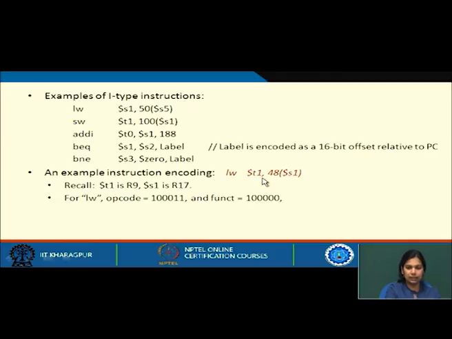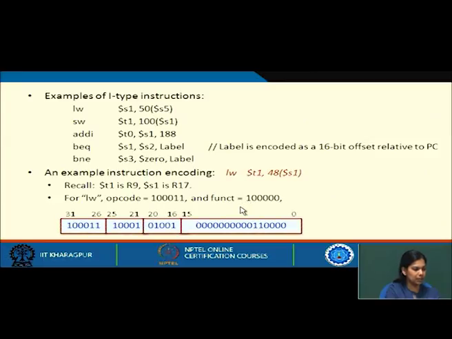T1 is your destination register, and $S1 is your source. And what is 48? 48 is the immediate value, okay, and the opcode for LW is this 100010, and the function value will be this.